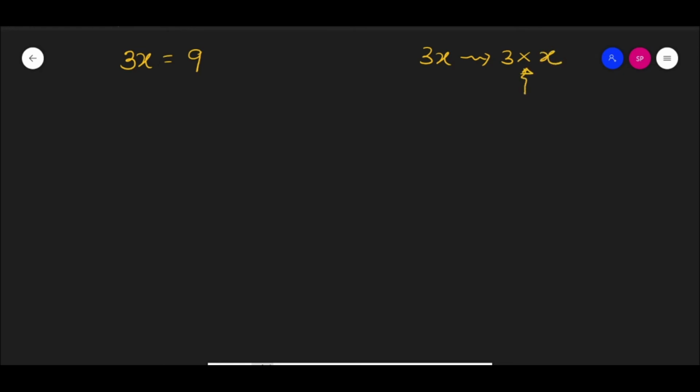If you see multiplication, what is its inverse? It is division. So what are you supposed to do here? For 3x, divide both sides by 3. 9 divided by 3 is 3, so x equals 3. That's the value of x.